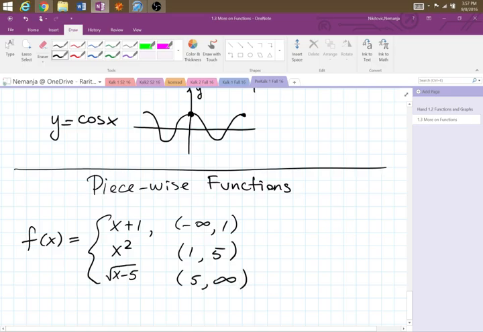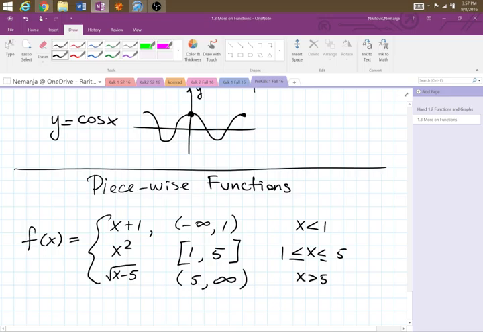Now I'm also going to write them in a different way. Let me include some of these endpoints in the middle one. You don't have to, but let's just make them included somewhere. So it's going to be x less than 1. This is where x is stuck in between 1 and 5. And this is all x bigger than 5.